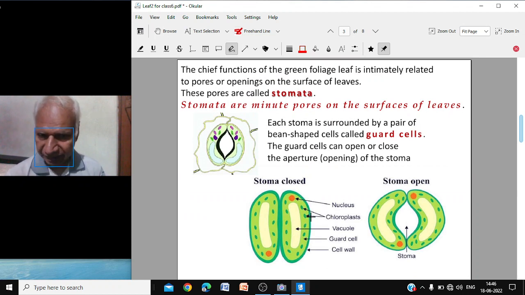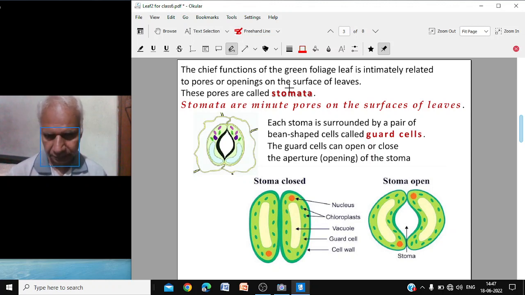Now the chief functions of the green foliage leaf are closely related to pores or openings on the surface of leaves. Small pores, similar to the pores you have in your skin. On the skin, the sweat comes out.